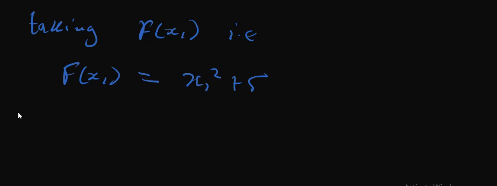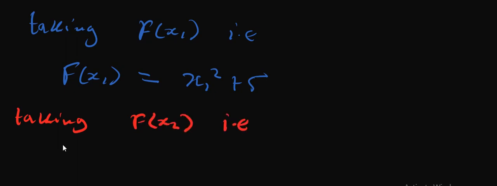Then we can say taking f of x2, such that f of x2 is simply equal to x2 squared plus 5. Now, since we have said that for a function to be a one-to-one function, f of x1 should be equal to f of x2.